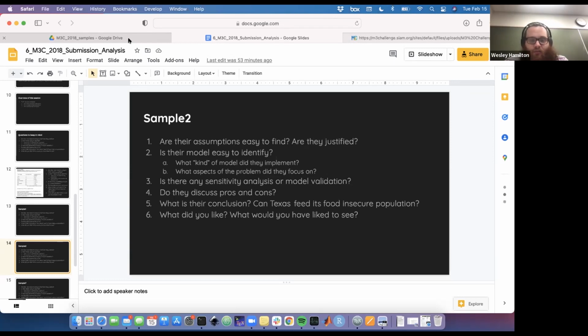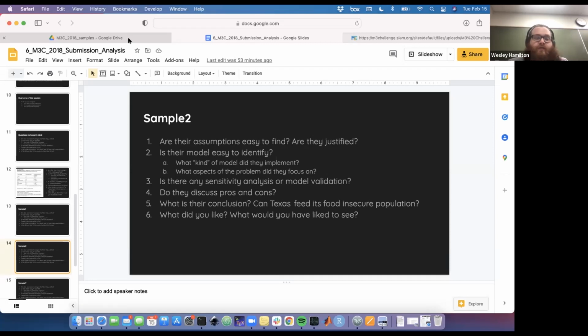We're going to focus on part 1: are the assumptions easy to find? You all will look at sample 2 and say, yes, they're easy to find, they're on page whatever, and yes, they're justified, or no, they're not easy to find, et cetera.